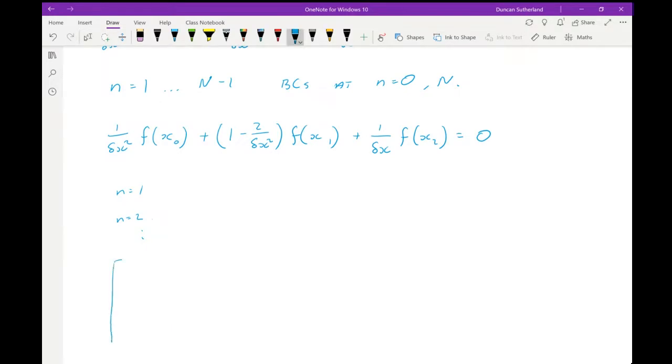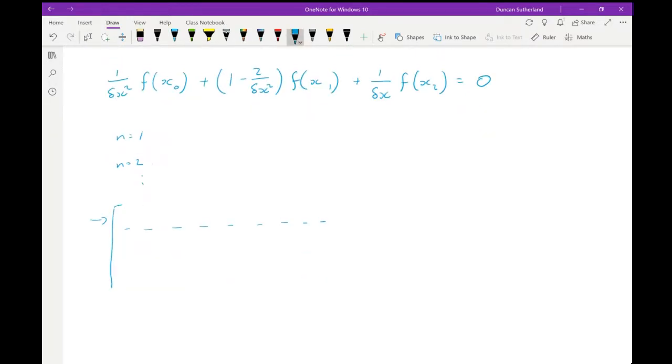So let's start writing a matrix. Let's leave the first row empty for now, right? We'll leave that blank for the first row. This is the second row of our matrix, 1 on delta x squared. Second column is 1 minus 2 on delta x squared. Third column is 1 on delta x squared. And then everything else is 0, all right?